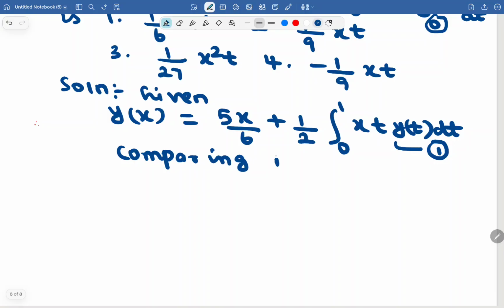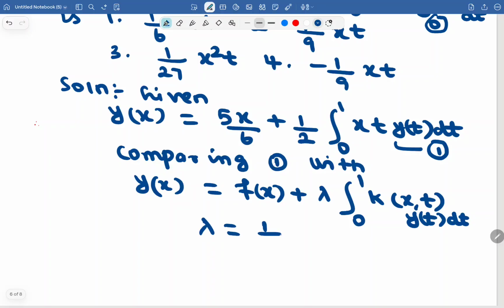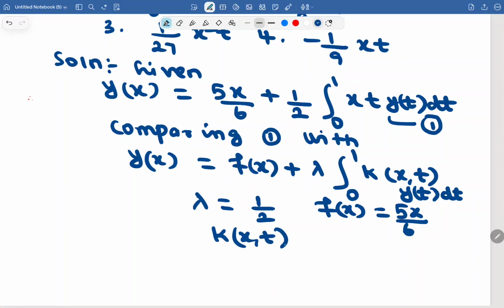Comparing equation 1 with y of x equals f of x plus lambda integral 0 to 1 of k(x, t) y of t dt, lambda is 1 by 2, f of x is 5x by 6, and k(x, t) is xt.